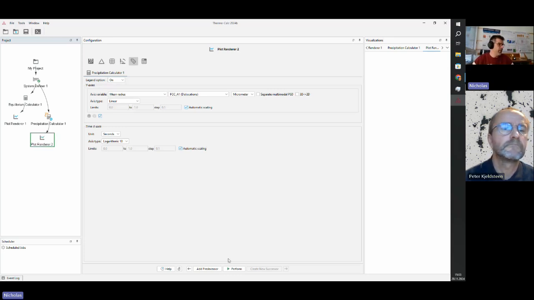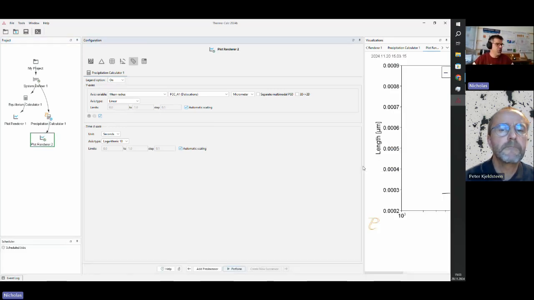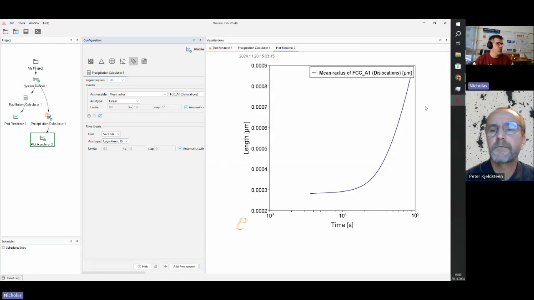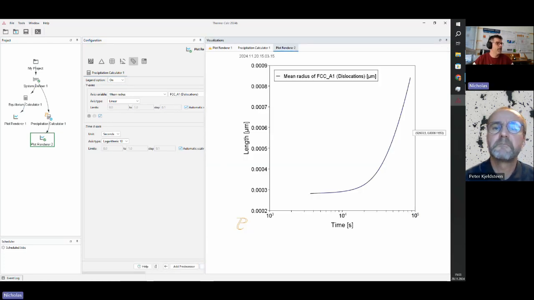Okay, but he did some calculation, and you actually do get precipitates that start forming. Right now, this is in seconds. So let's have a look at hours.